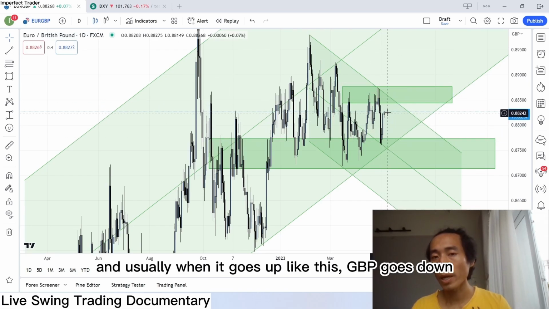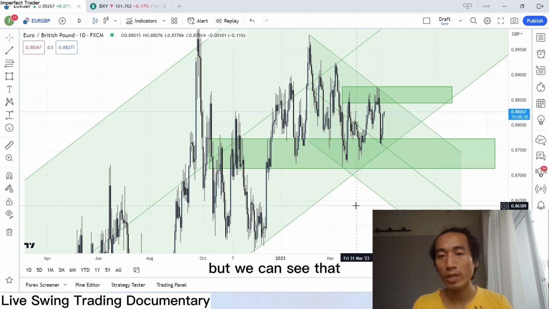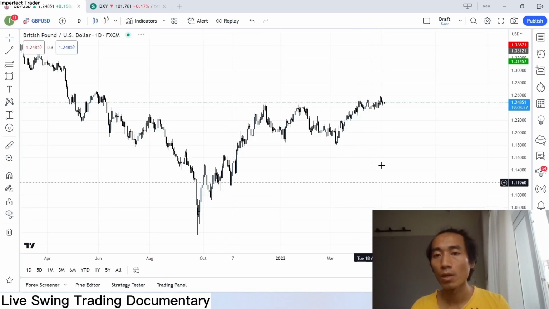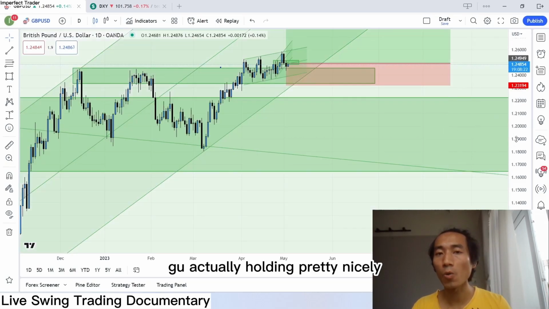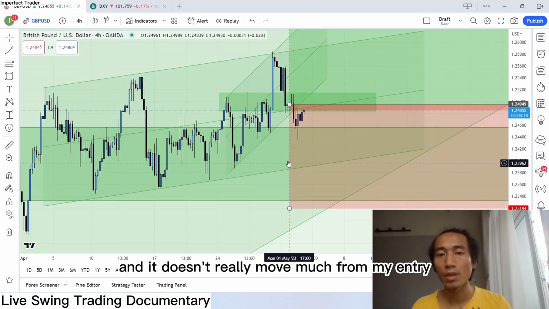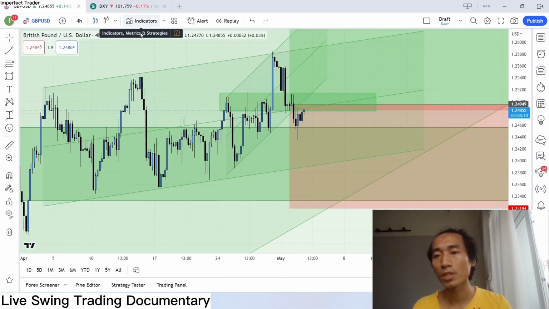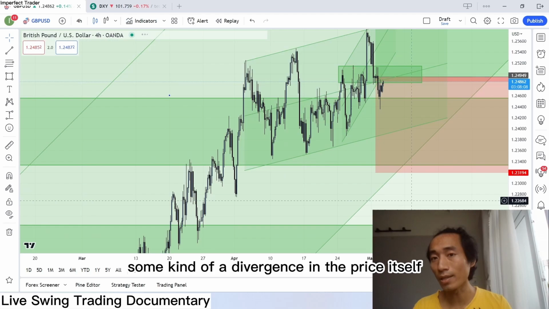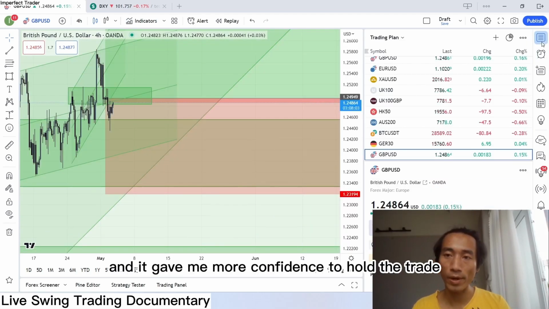And usually when it goes up like this, GBP goes down and GU should go down as well. But we can see that GU is actually holding pretty nicely, and it doesn't really move much from my entry. So for me, that is some kind of divergence in the price itself, and it gives me more confidence to hold the trade.